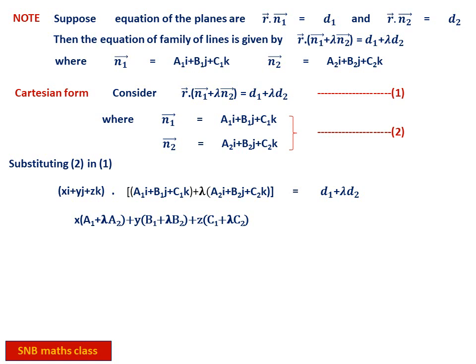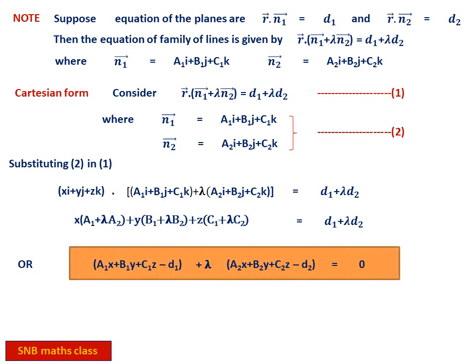Simplify, because it is a dot product: x into (a1 plus lambda a2) plus y into (b1 plus lambda b2) plus z into (c1 plus lambda c2) equal to d1 plus lambda d2. Or you can simplify further: (a1x plus b1y plus c1z minus d1) plus lambda into (a2x plus b2y plus c2z minus d2) equal to 0.